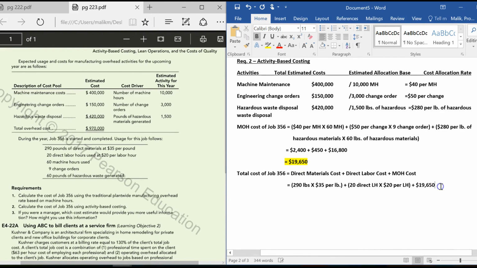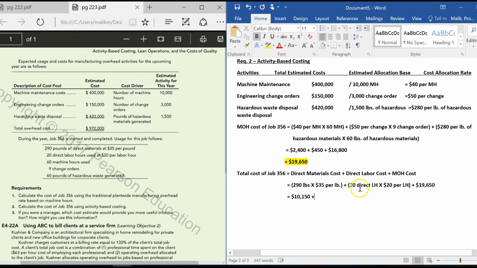Now check the two other numbers. If you have your calculator, please do the calculations with me. Our direct material cost is 290 multiplied by 35, and we actually did it before. I found 10,150. This is our direct material cost.